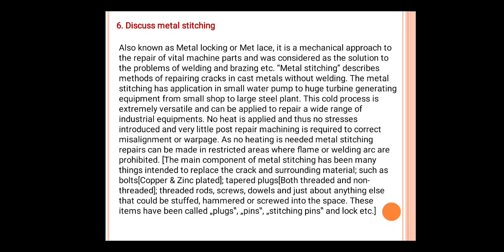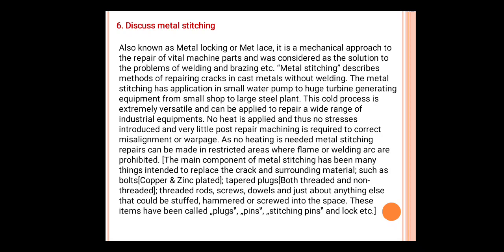Metal stitching has applications from small water pumps to huge turbine generating equipment, from small shops to large steel plants. This cold process is extremely versatile and can be applied to repair a wide range of industrial equipment.